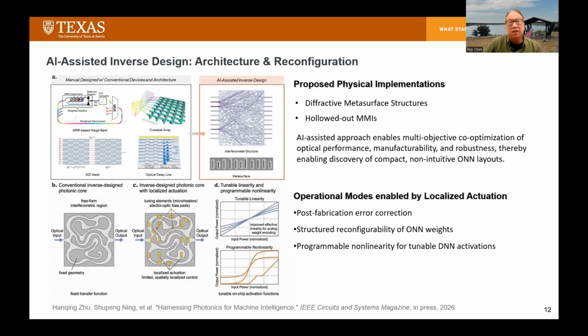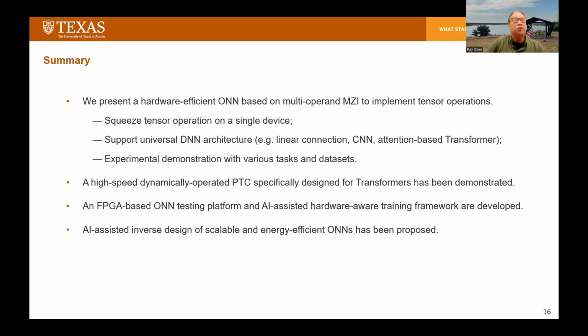The AI-assisted approach enables multi-objective co-optimization of the optical performance, manufacturability, and also robustness. Simultaneously, we can discover compact, non-intuitive optical neural network layouts that still can be manufactured in current CMOS foundries.